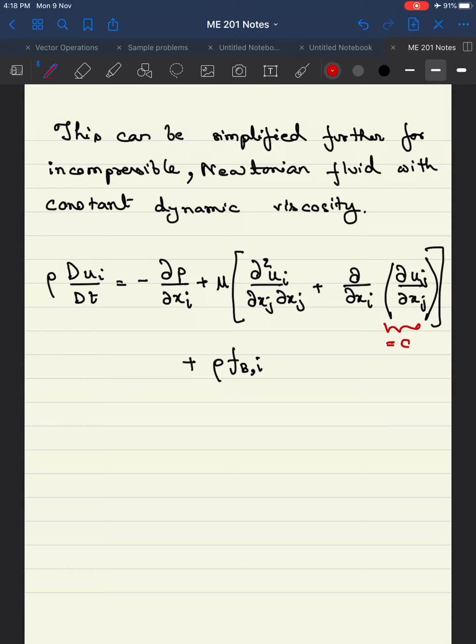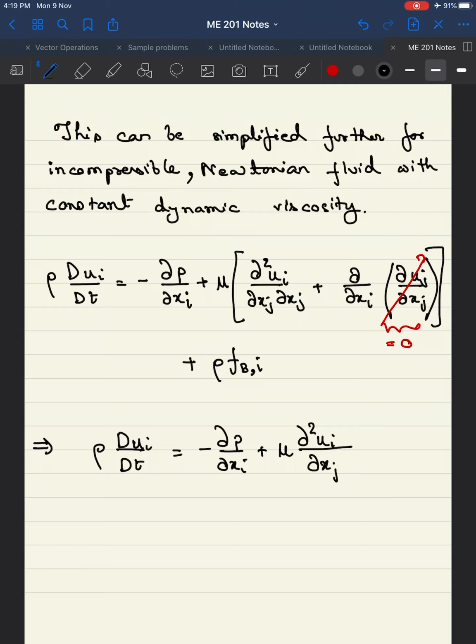This term is going to go to 0. So I can just get rid of this term, right? So this allows me to simplify it into rho dui/dt = -∂P/∂xi + mu ∂²ui/∂xj∂xj + rho f.